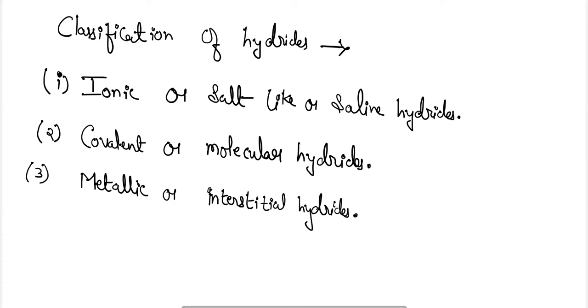So these are the three types of hydrides, which are classified on the basis of their chemical and physical properties and also on the type of bond which they are forming. First let's discuss the ionic hydrides.